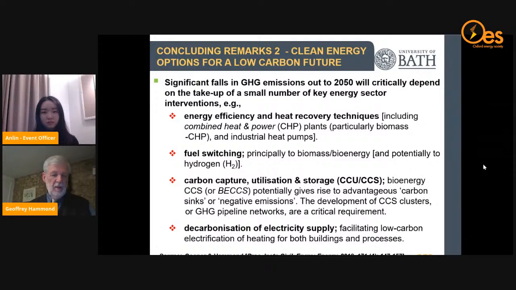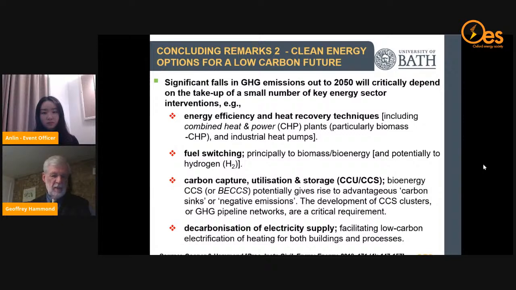First of all, there are plenty of opportunities for energy efficiency and heat recovery. I've talked about combined heat and power plants. I haven't really said much about biomass CHP. If you have biomass CHP, you get what's called negative emissions, so that offsets emissions from other difficult to decarbonize sectors.